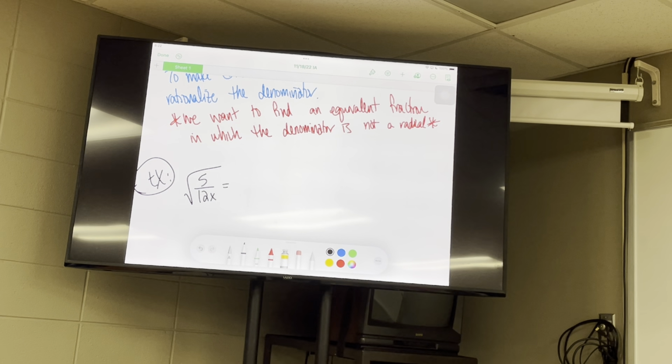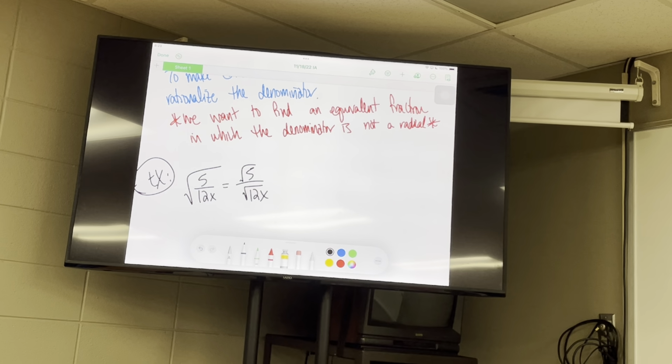So this can be the square root of 5 over the square root of 12x. All right. We're wanting to rationalize the denominator.